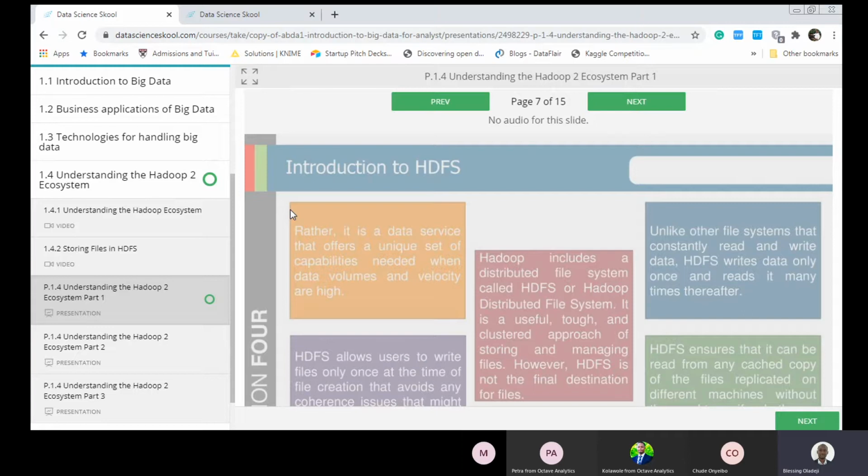It's the exact location within the HDFS framework where the data itself is stored. And unlike the traditional file system that constantly reads and writes, HDFS only writes once, but it reads many times thereafter.